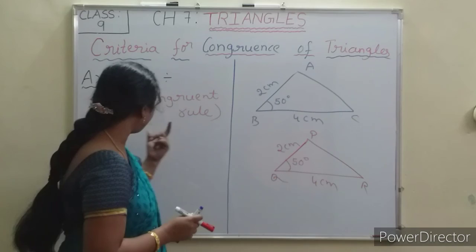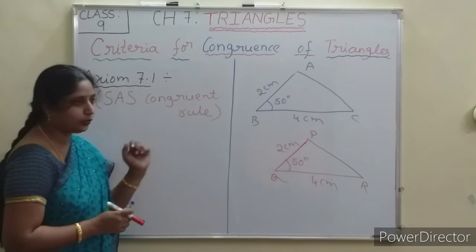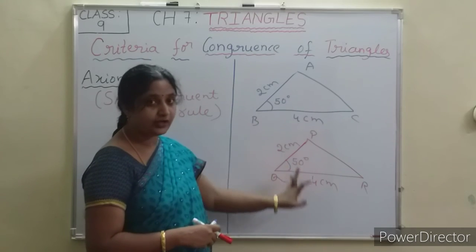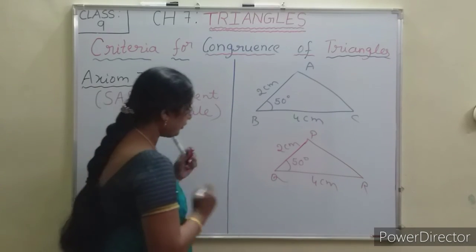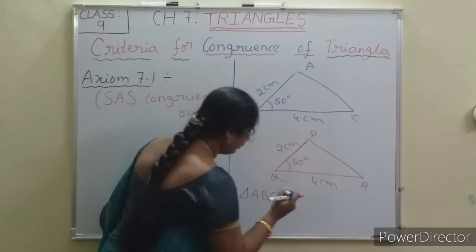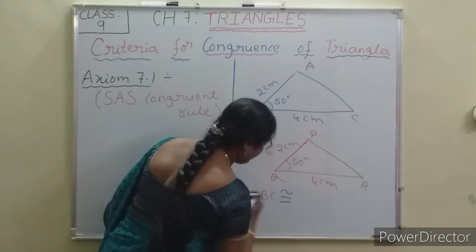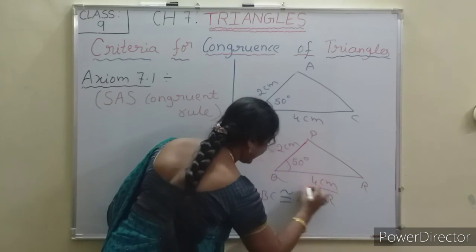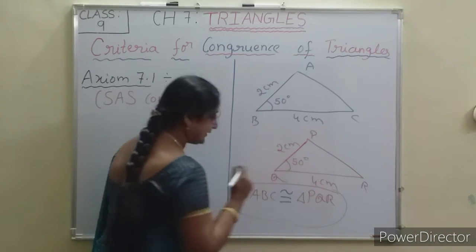But here, the first rule, the SAS congruent rule, I am saying these two triangles are congruent. Triangle ABC is congruent to triangle PQR. Children, I am telling you these two are congruent.